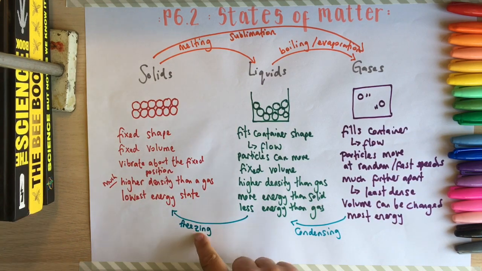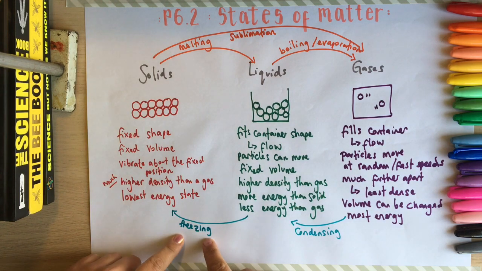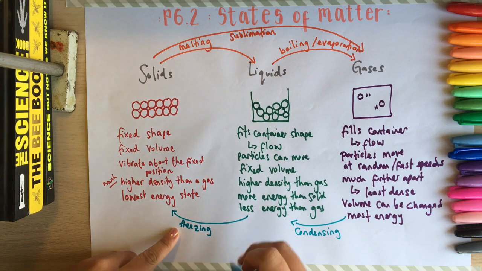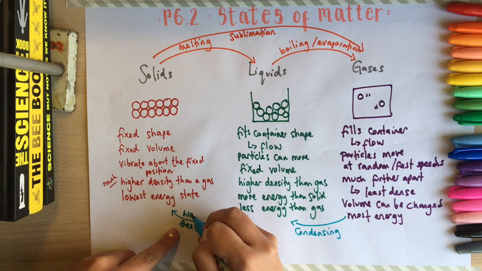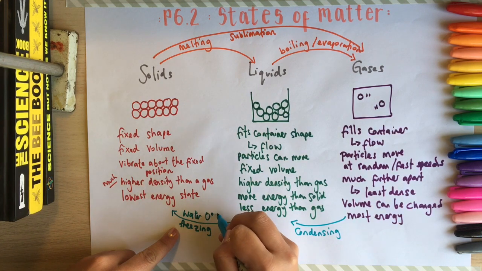And we can get mixed up sometimes because in everyday language we use the word freezing to mean something that's very cold, because we think of it in terms of water, and water freezes at 0 degrees. So let's write that here, 0 degrees Celsius.